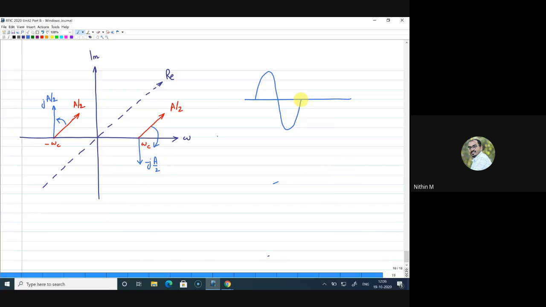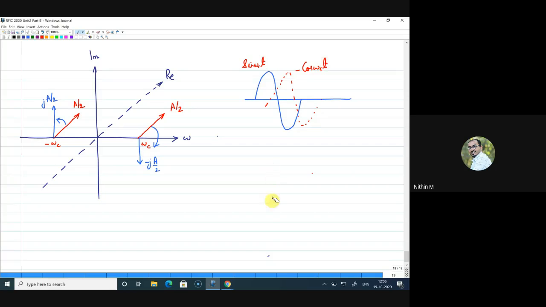Now when you apply a 90° phase shift to this, what I will get is a minus cosine. So this will be your 90° operation. If this is sine omega ct, this is actually minus cos omega ct. That is your shift by 90°.